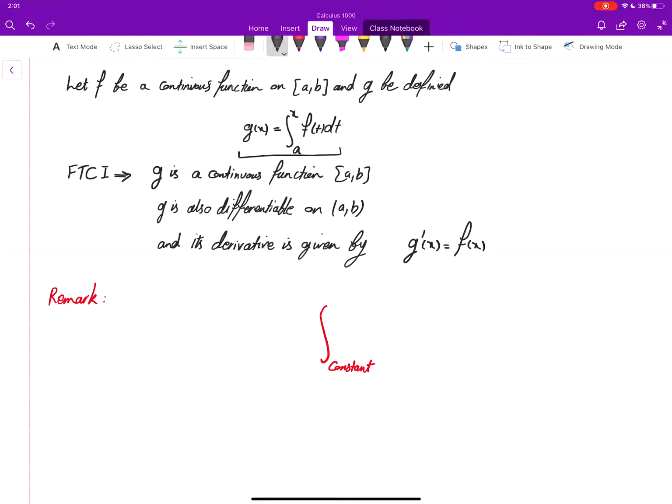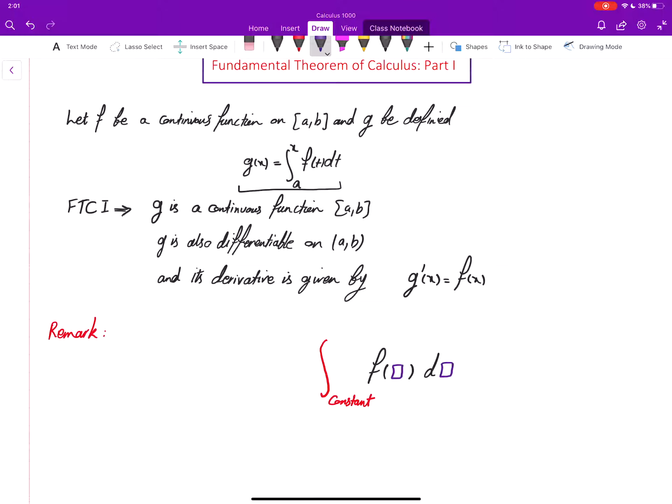The integrand is a function, but the variable with respect to which we are integrating is, let me write it in a box, a variable, in this case t.